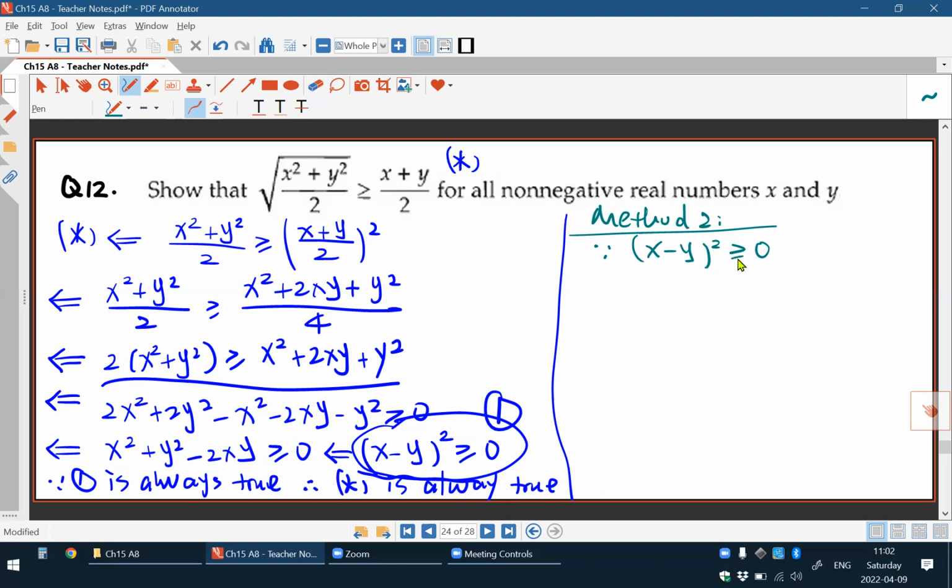Because x minus y squared is greater than or equal to 0. Therefore, if you expand it, you will get x squared minus 2xy plus y squared greater than or equal to 0, right? And then plus 2y squared.